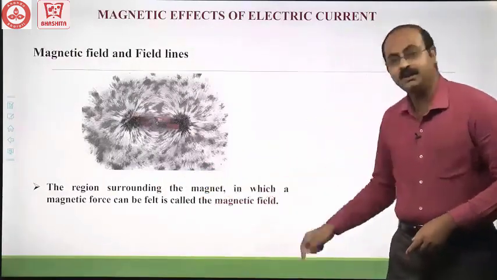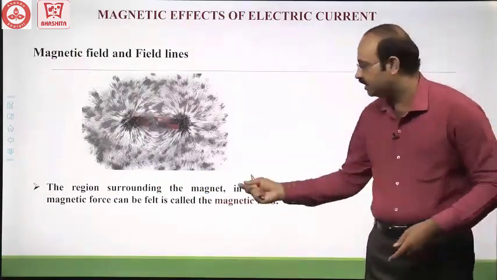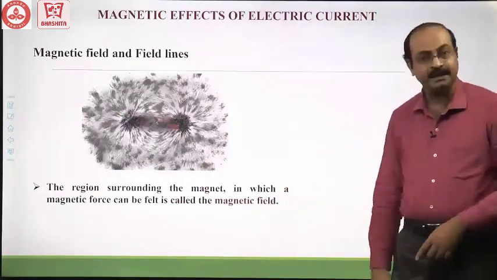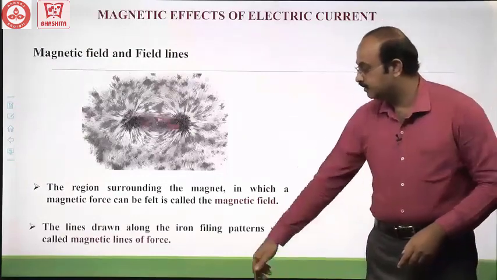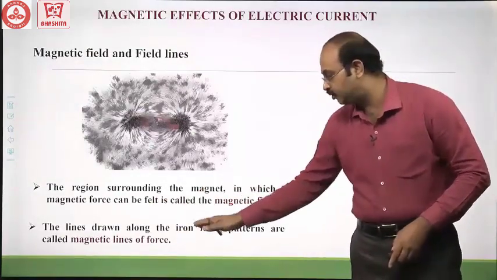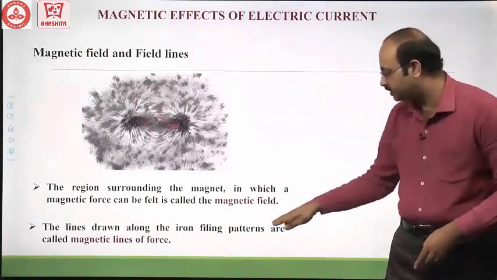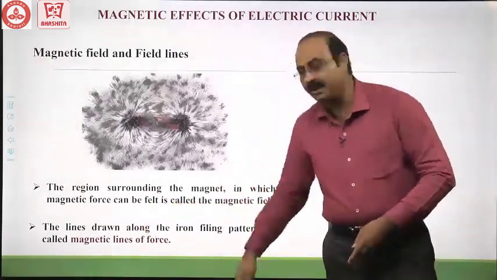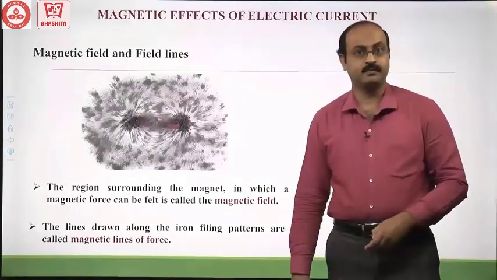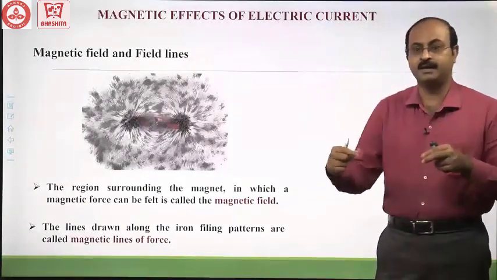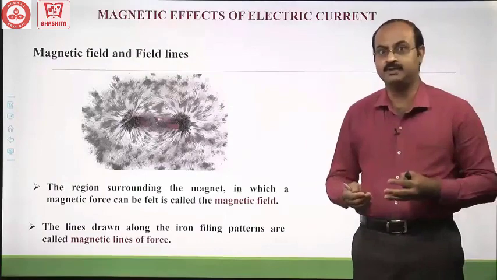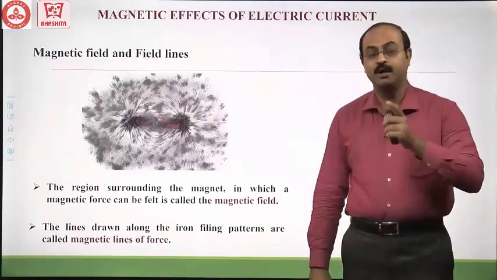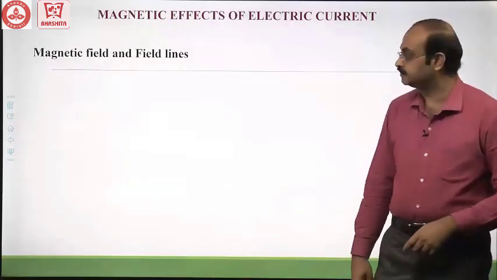The region surrounding the magnet in which a magnetic force can be felt is called the magnetic field. The lines drawn along the iron filing pattern give you the magnetic lines of force. If you just take a magnet and look around it, no lines will be observed, but upon sprinkling the iron filings you will be able to observe them. So, you will be learning in a practical way.